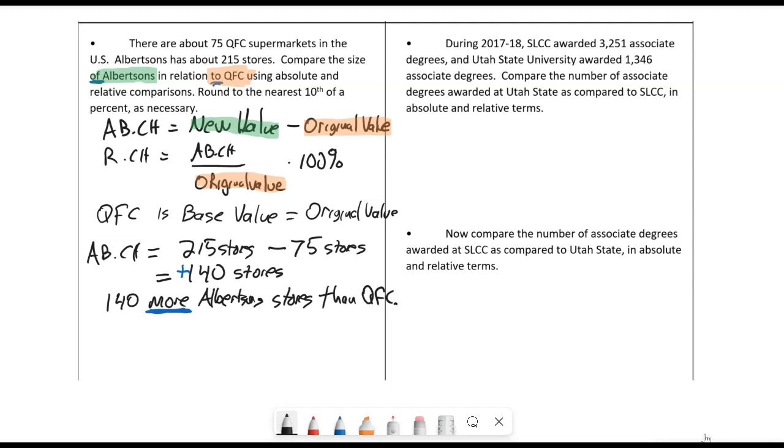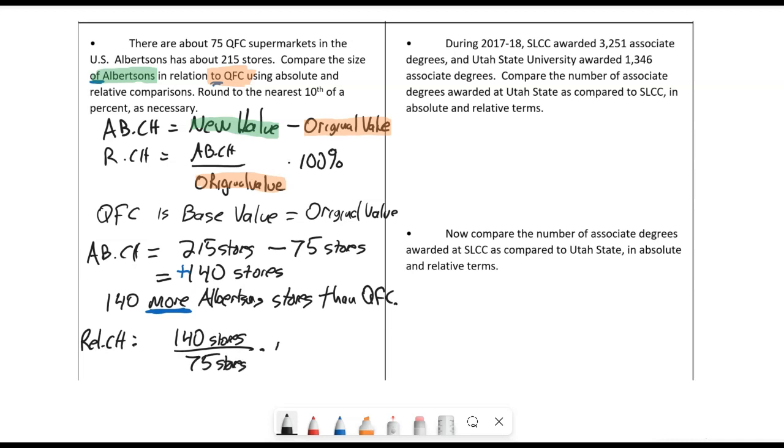All right, now the relative change. We can use the absolute change, which we already have, 140 stores, and divide by the original value, which we've already discussed is the base value. That's how many QFCs there are.